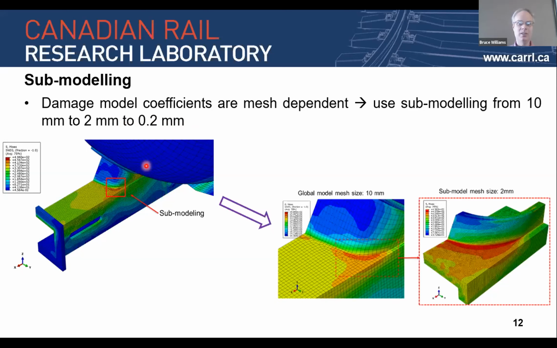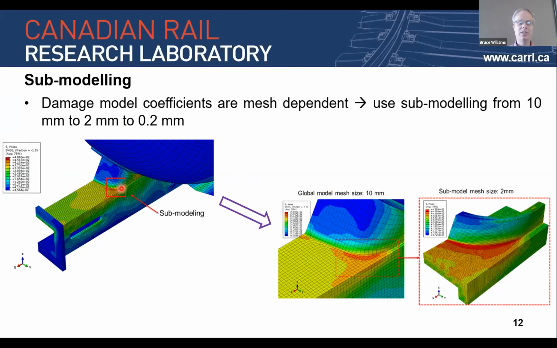Long story short, with the hard coupling we didn't see any damage initiation, because at 10 kilometers per hour the strains were pretty small and it just did not initiate any damage or crack initiation in the material. In order to get cracks or damage initiation, we expect that you have to have a flaw in this region.